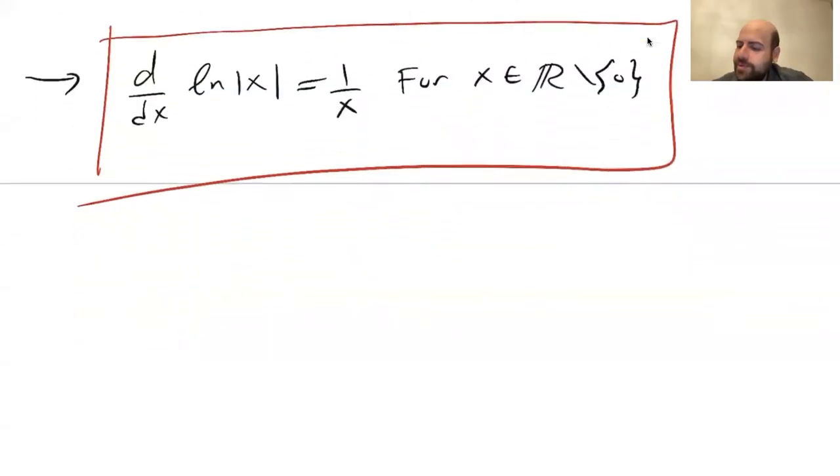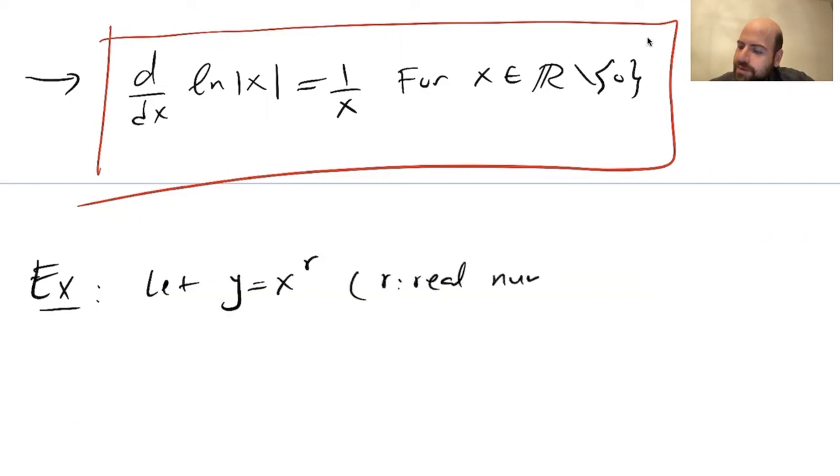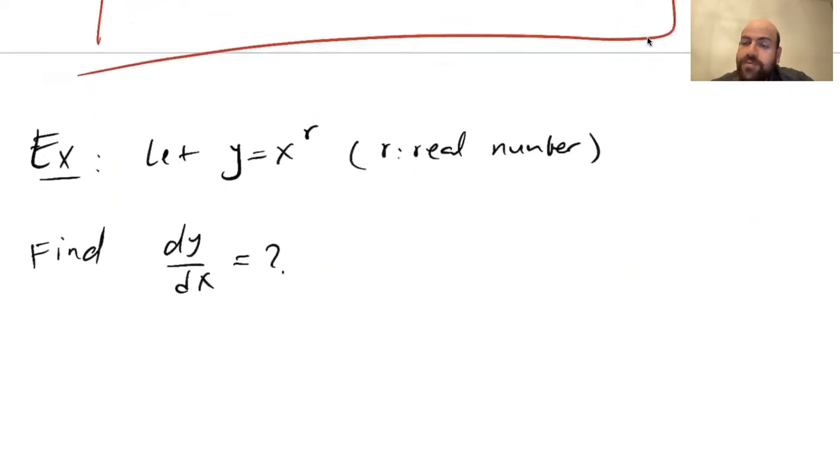So next example, let's say y equals x to the power r. Here r is a real number, and you want to find dy/dx. Note we previously found the derivative of x to the power m, where m was an integer.